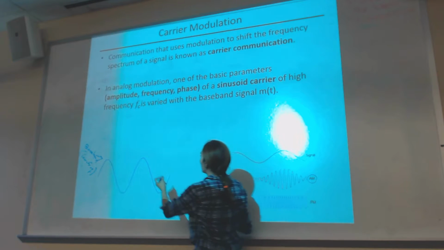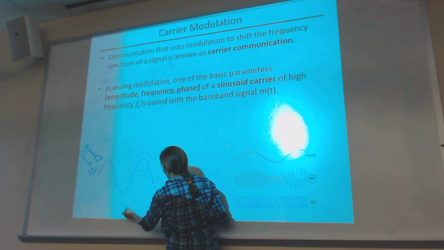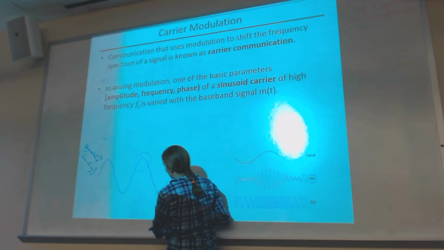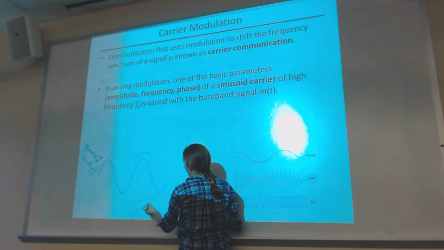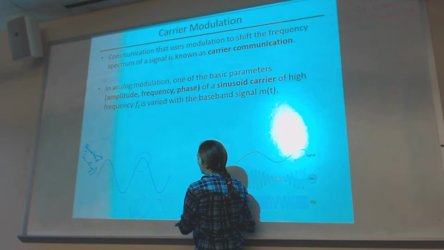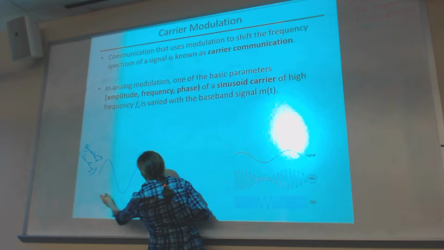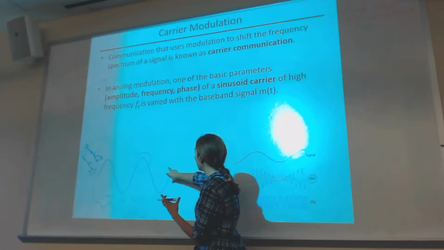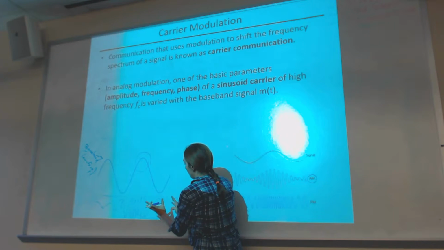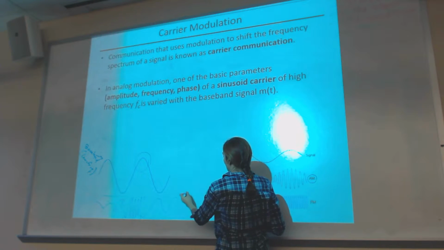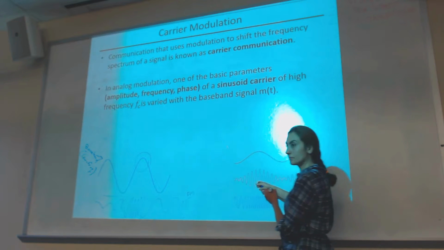Okay, we're going to see it. If I have a large amplitude here, the frequency is going to be large. If I have a smaller amplitude, the frequency will be small. So that's how we modulate, or embed, our low frequency information into a high frequency signal. So this is FM, this is AM.